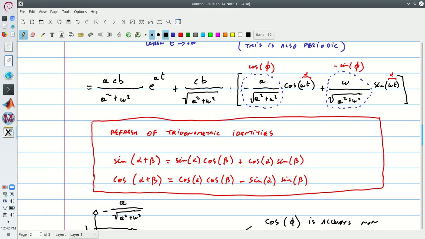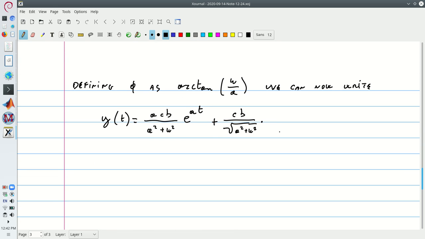So this becomes cosine of alpha plus beta, where alpha is omega t and beta is this angle phi. So this becomes times cosine of omega t plus phi. So that's what I want you to learn from what we have done so far.